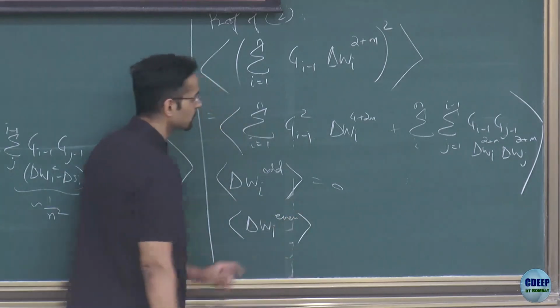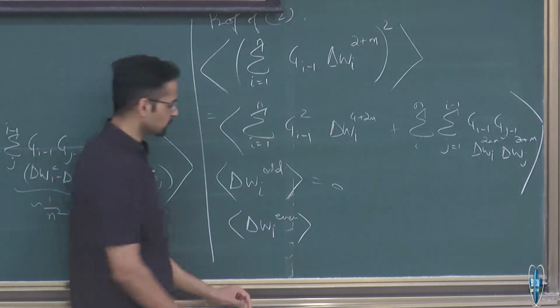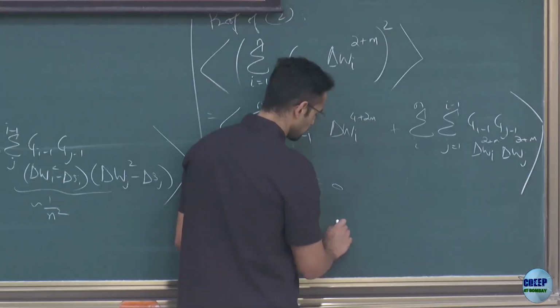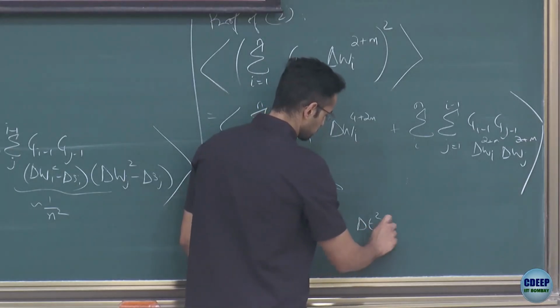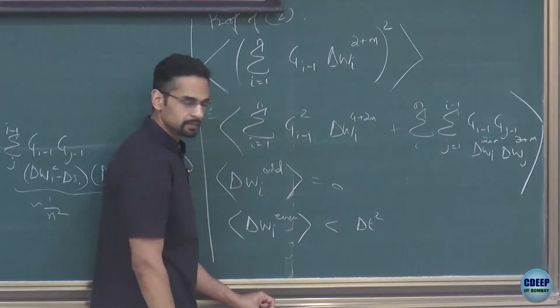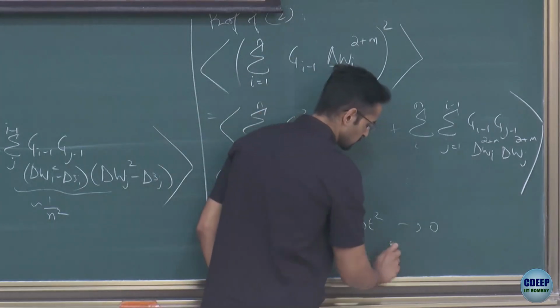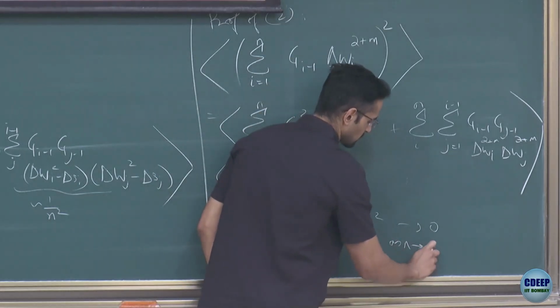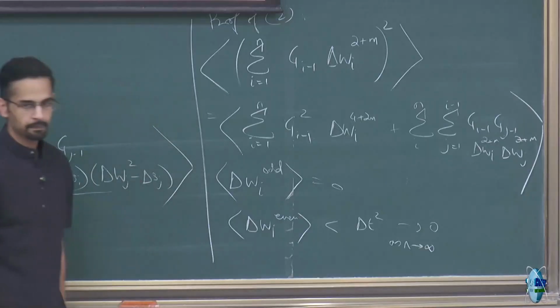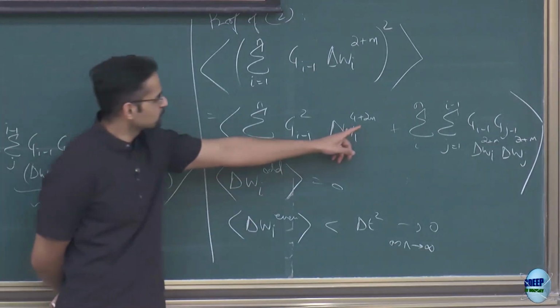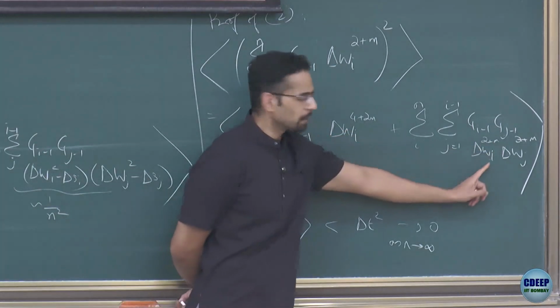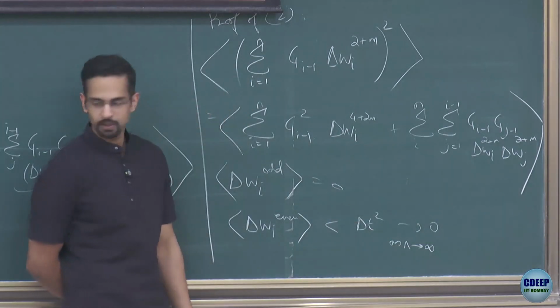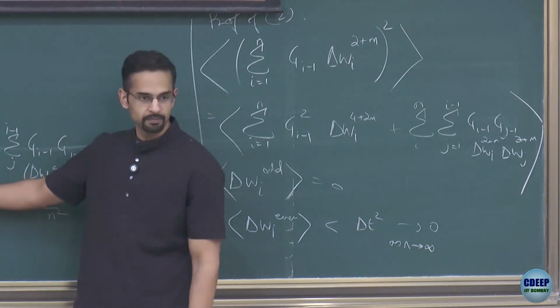because I'm taking 2 plus m, this will also be smaller, and so it will also go to 0, because it's always 2 plus. So it's some higher power than delta t, because I proved it without the m.